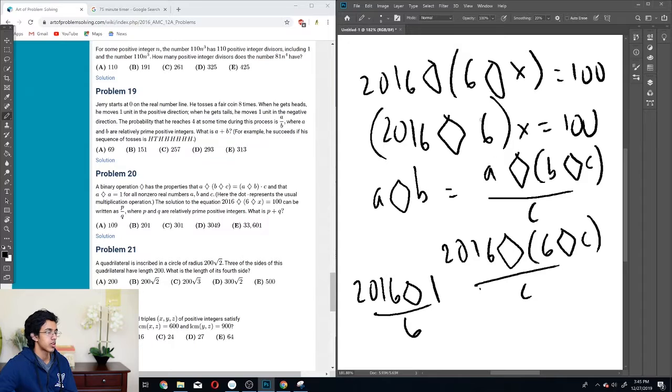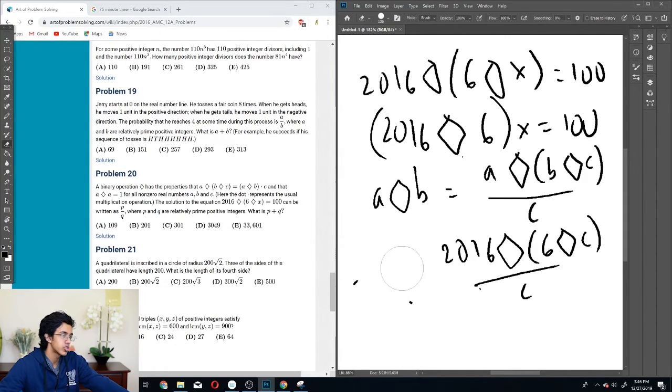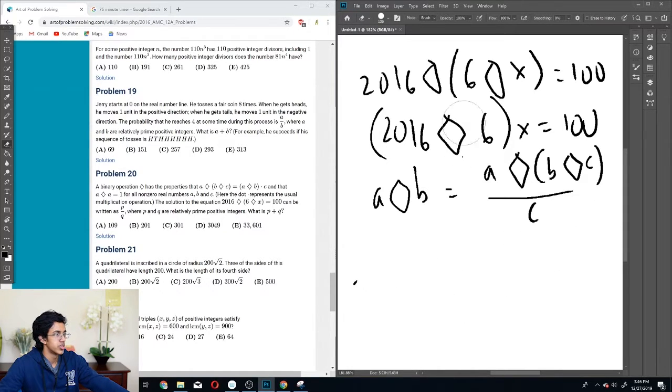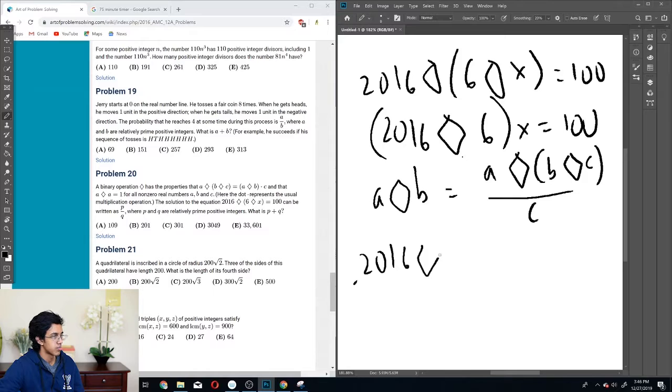Oh, over 6. How can we get this to multiply by itself? Because unless we get it to multiply by itself, we can't figure out how to get the 2016 to work. Wait up. What happened if we treated it the other way? So we treated this whole thing as b. Then we get that 2016 times this whole thing times this, and then we can multiply it by something.